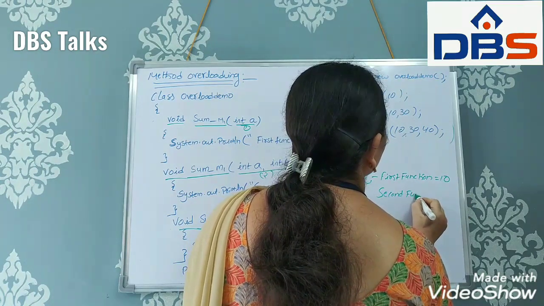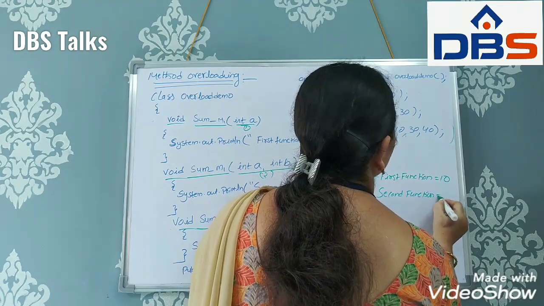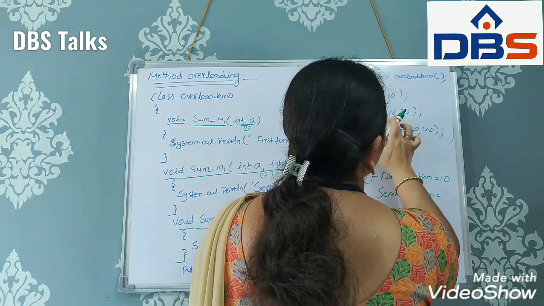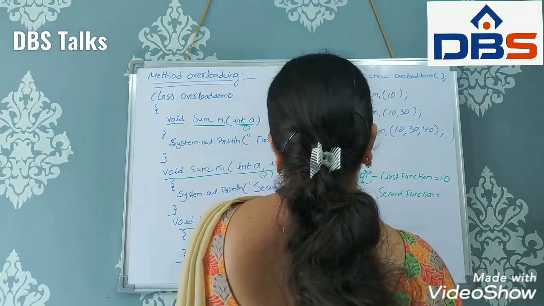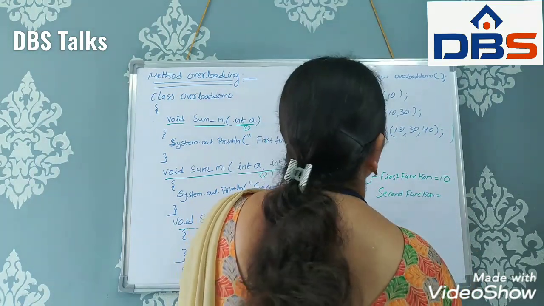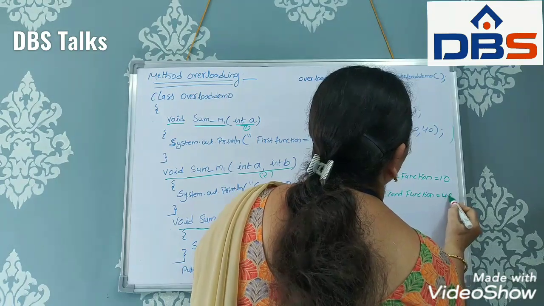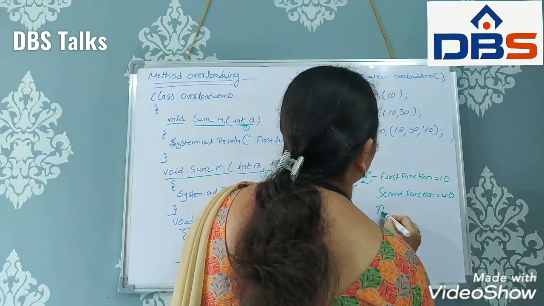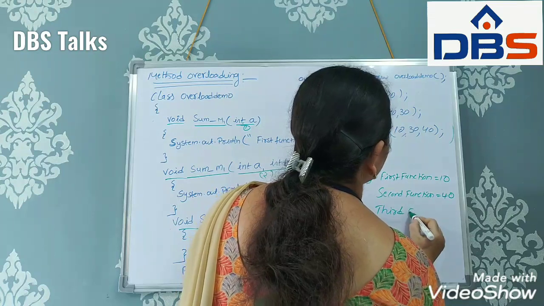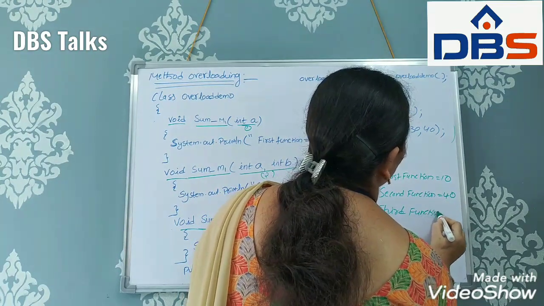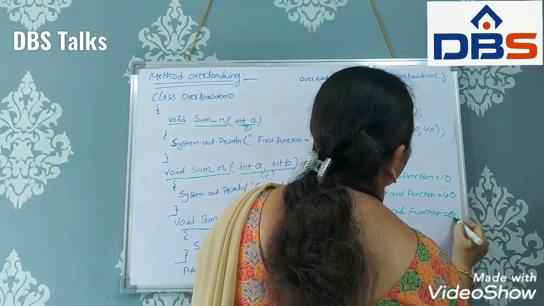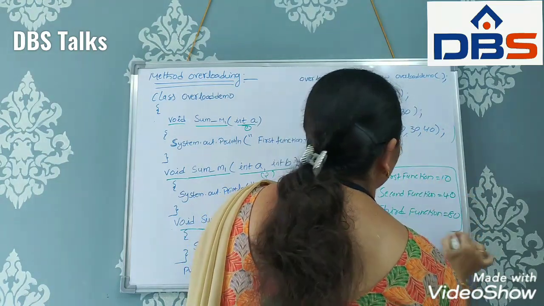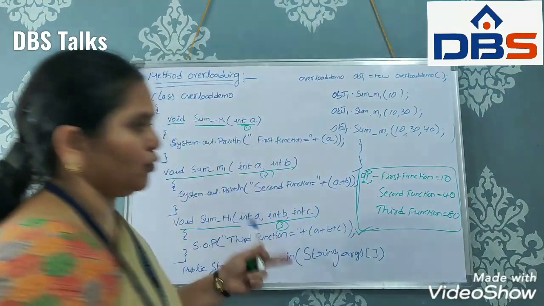Second function is equal to 10 plus 30, according to 2 arguments. This will go and execute this statement. So what is that output? 40. The third function goes and executes. What is that? 40 and 40, 80. So this is the output we will get according to this program.